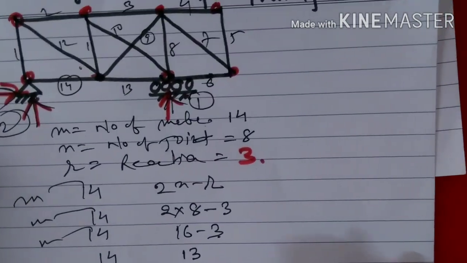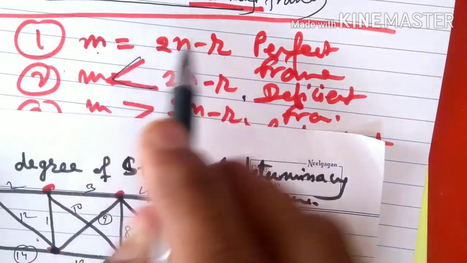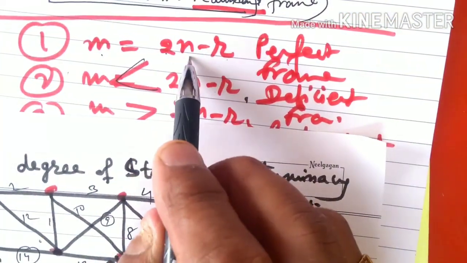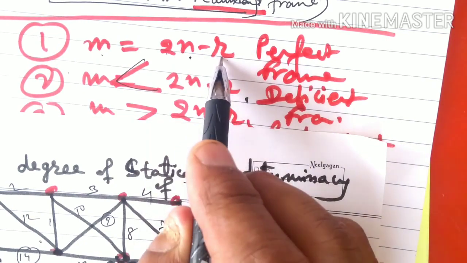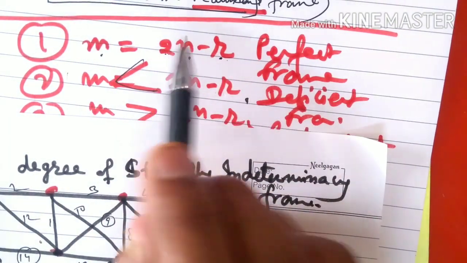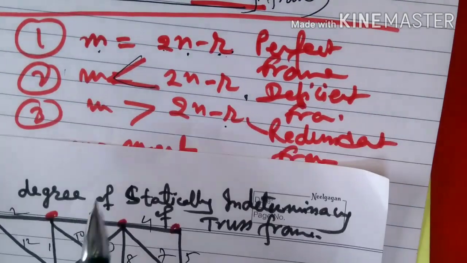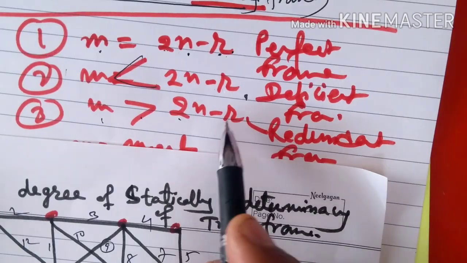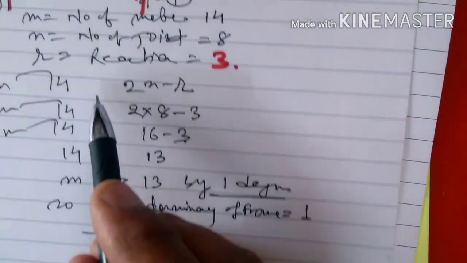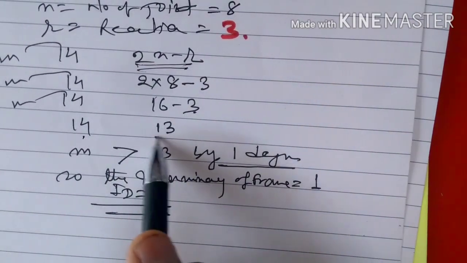Simply put the formula: M is the member, N is the number of joints, R is the reactions. So just put M, and on the right side 2N minus R. For this, M is greater than 2N minus R. After derivation here, M is 14, and 2N minus R is 13.